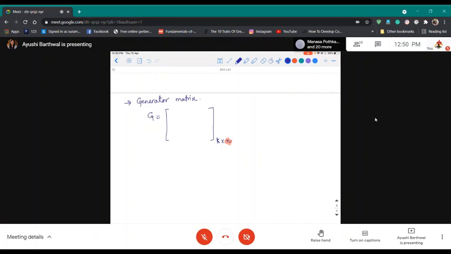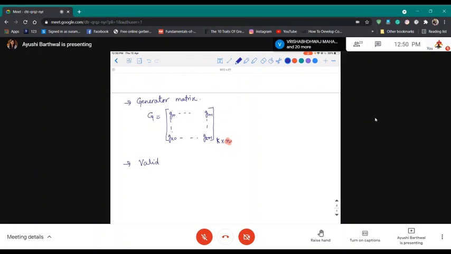The terms are denoted by g10 to g1n minus 1 up to gk0 to gk n minus 1, and you can fill in the others.